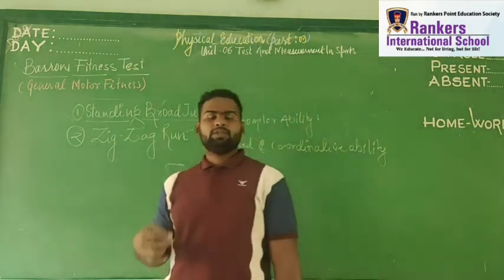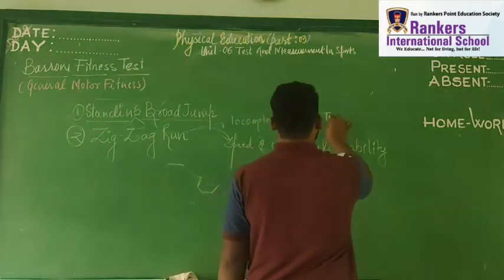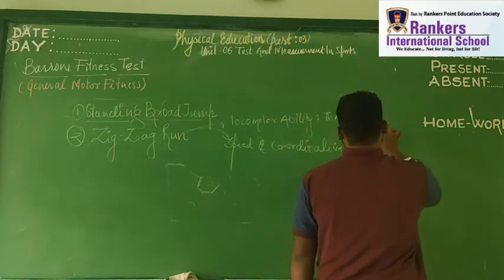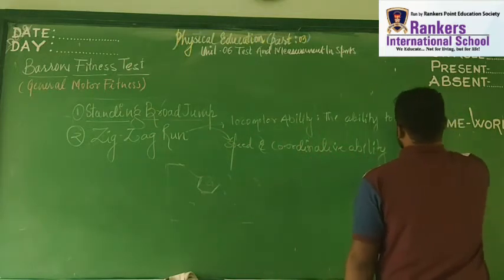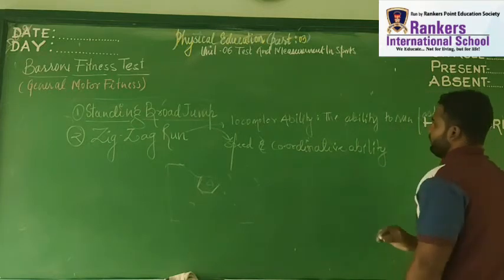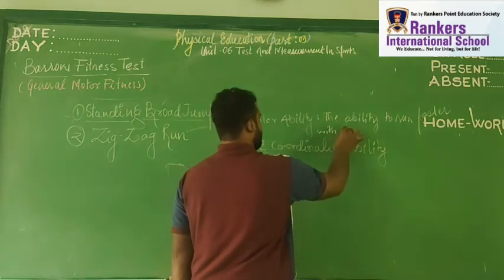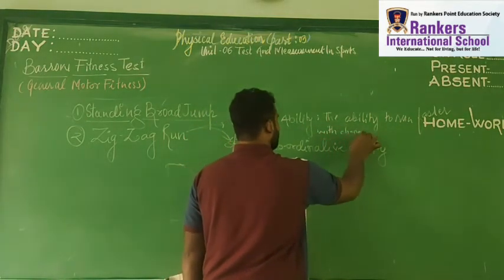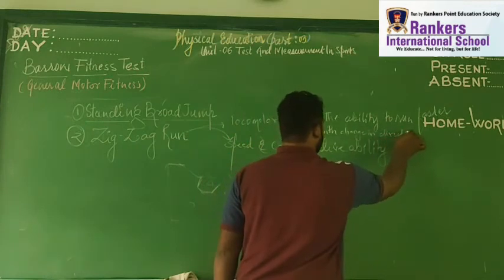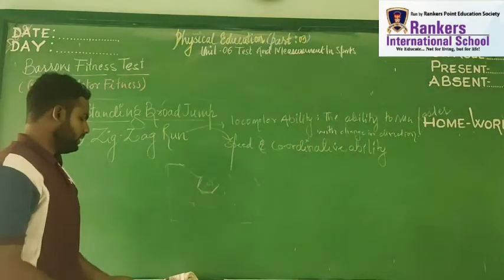Locomotor ability is the ability to run faster with change in direction. It's called locomotor ability.